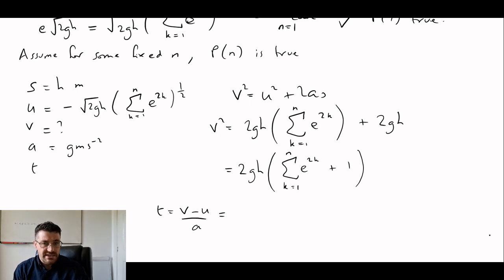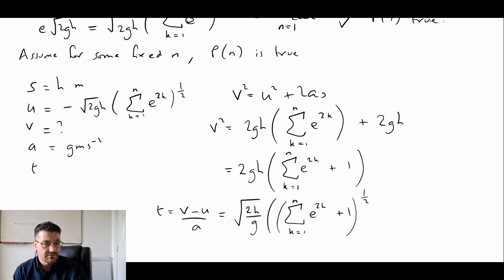So I'm cutting out a little bit of the detail here, but we're going to get the square root of 2h over g times the sum from k equals 1 to n of e to the 2k plus 1, to the half, minus that will be plus because u is negative, the sum from k equals 1 to n of e to the 2k, to the half. Okay, scroll down.